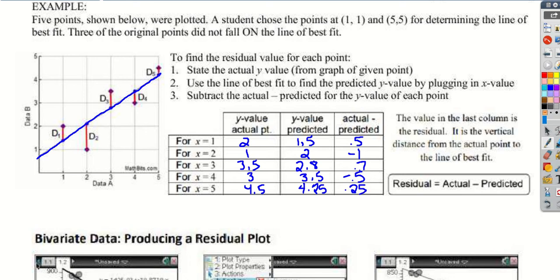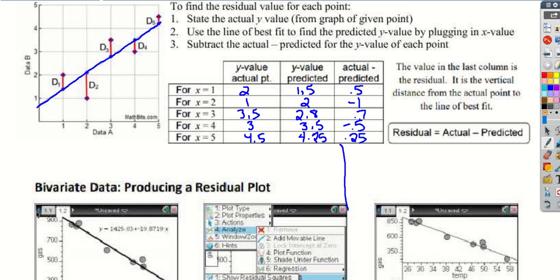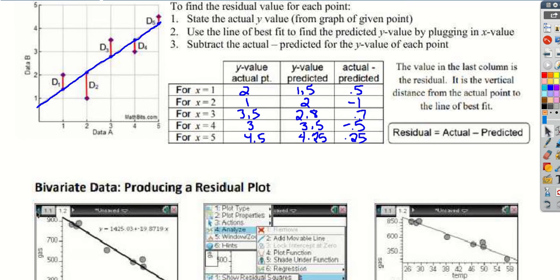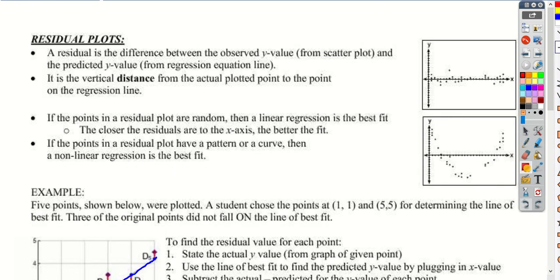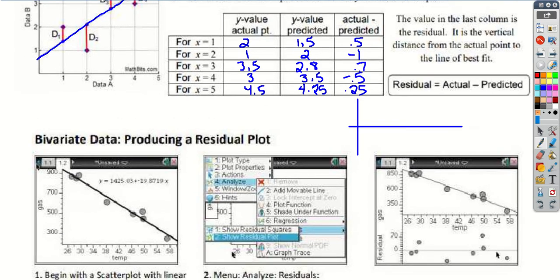So if we graph these numbers, it would look like this, just a straight up residual plot. So it's like an XY chart. I'm just going to use straight lines so we get a nice graph here. So here's our X, here's our Y value.